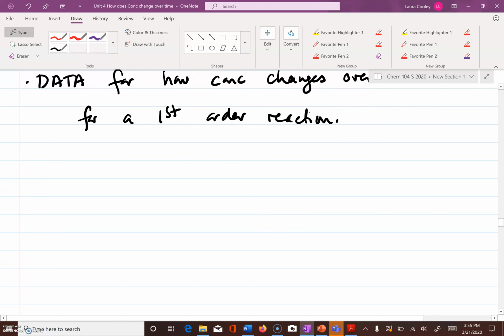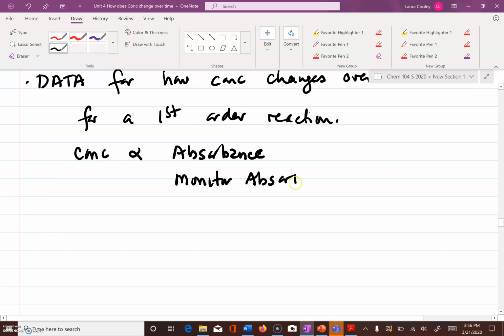One way we could get it is to use the fact that concentration and absorbance are proportional to each other. So we could, for example, monitor the absorbance with time. And in fact, I showed you data for this on the very first day we studied this, when we were talking about the crystal violet reaction.